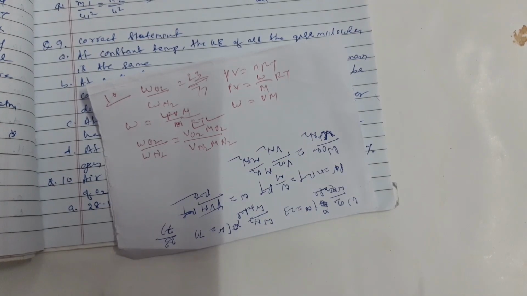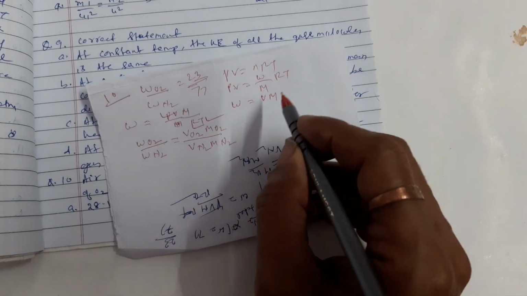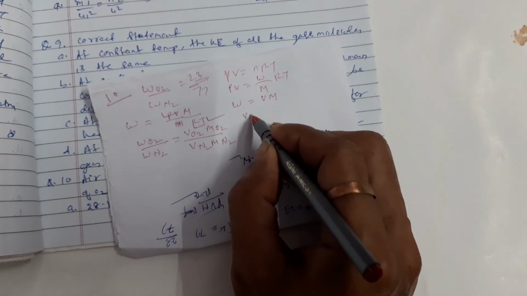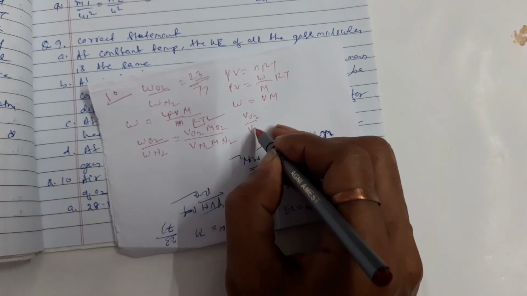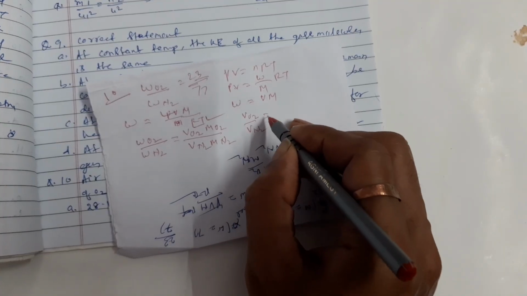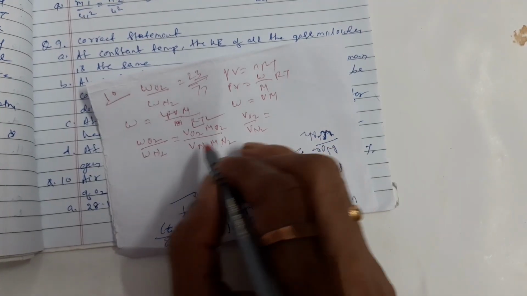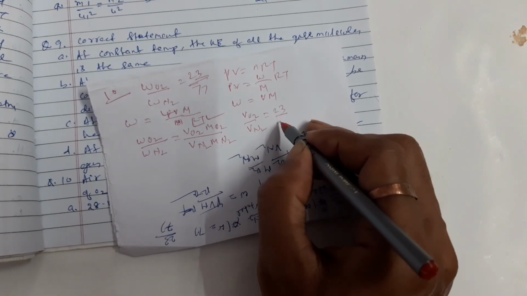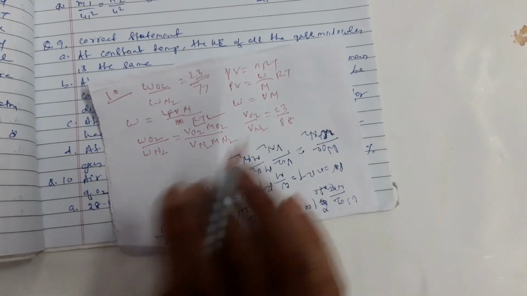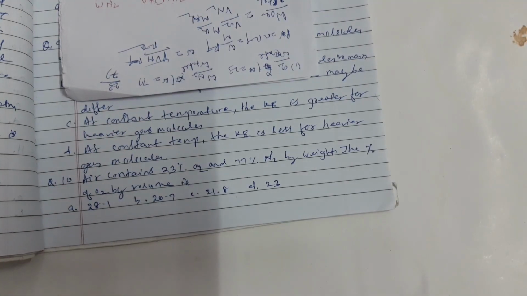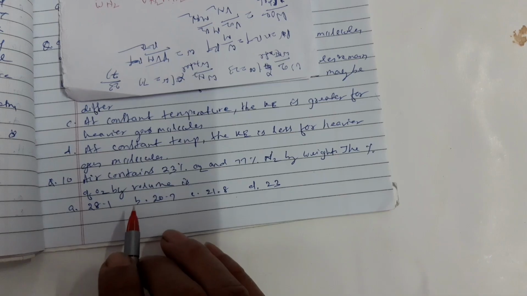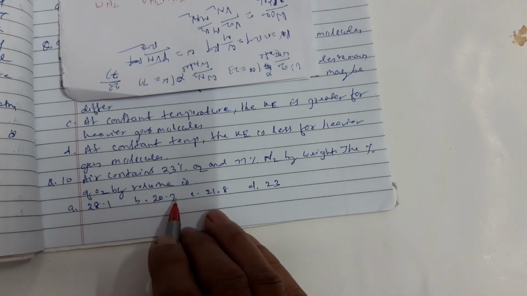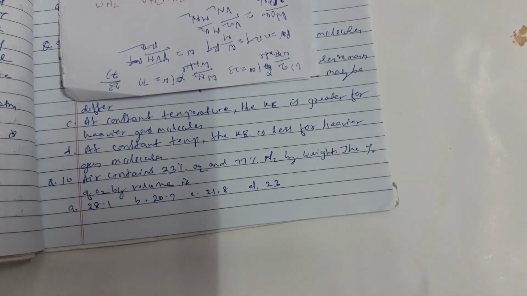Our aim is to calculate the volume of oxygen by volume of nitrogen ratio. Putting all these molecular masses and weights, you will get 23 by 88. Okay students, out of these choices, B is the correct answer, 22.7. Okay students, have a good day.